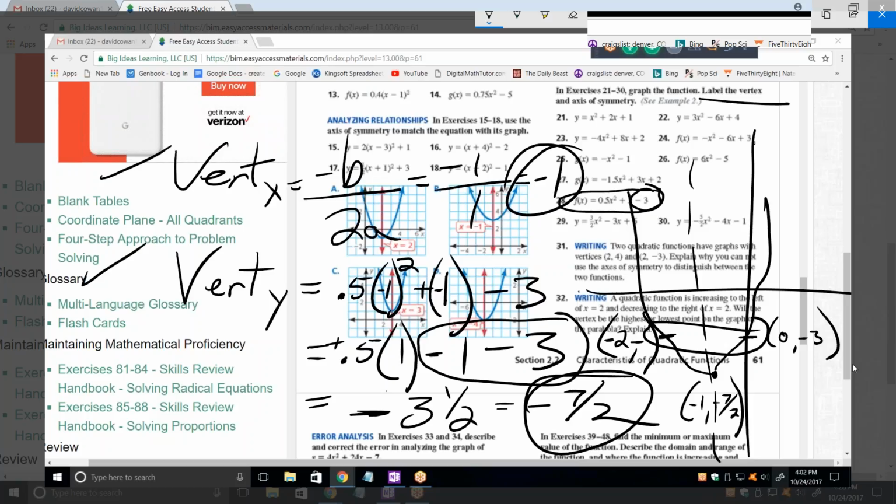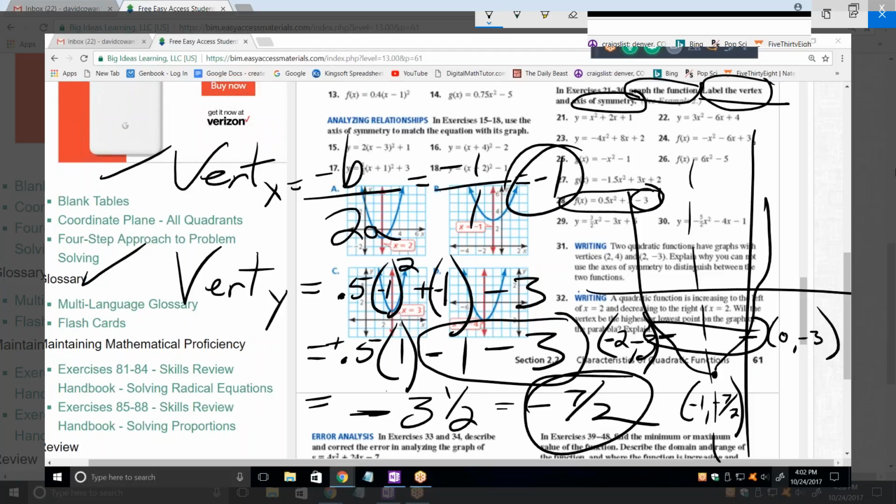So the y-coordinate is the same, -3. The only coordinate that changes is the x-coordinate. Okay. And now that answers the question totally. In other words, we've labeled the vertex, we've graphed it accurately with 3 points, and we've labeled the axis of symmetry.